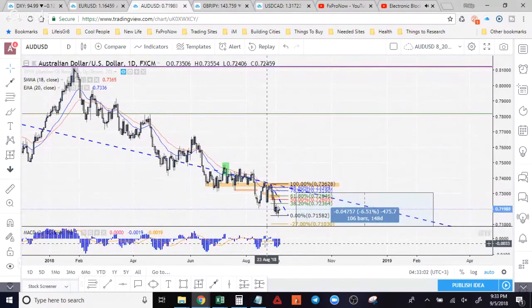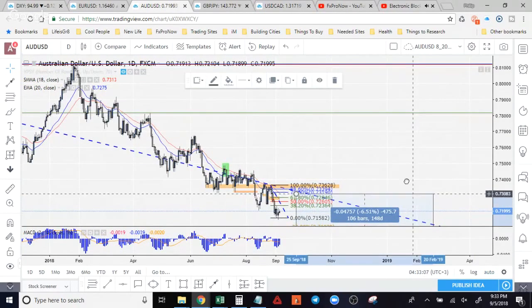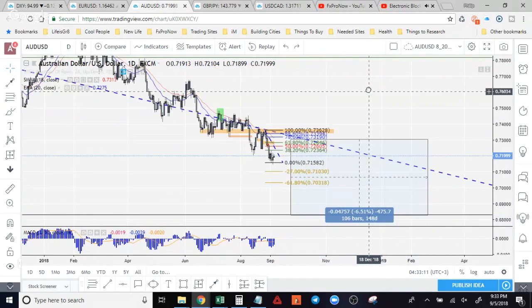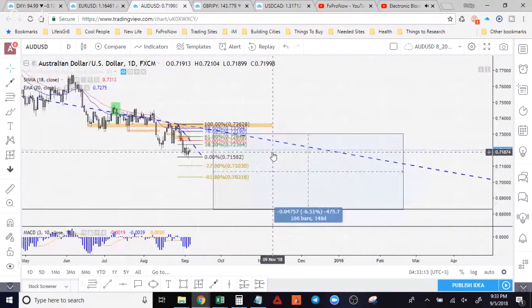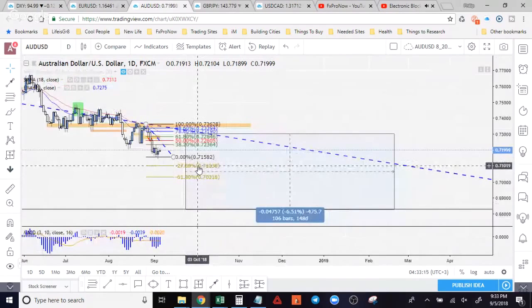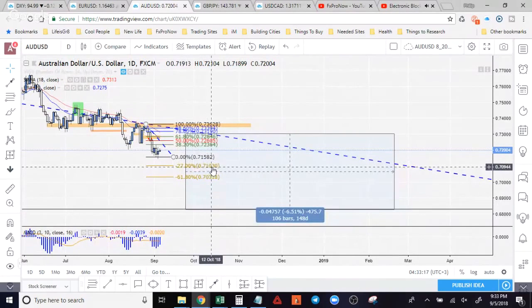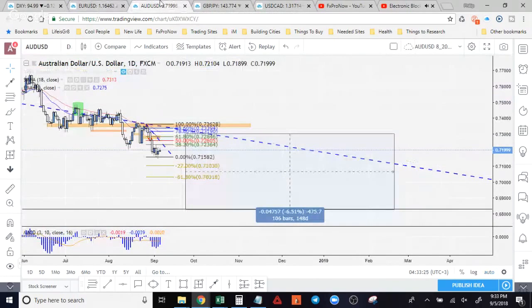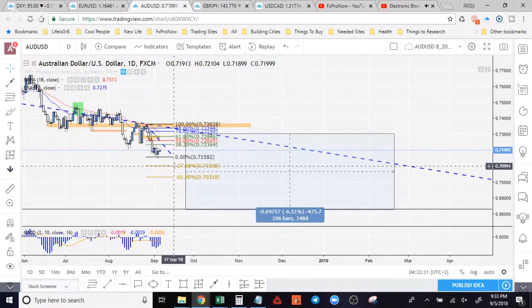Mind you, I don't even look at this indicator, but I see price getting to at least this 0.71 area right here. And for EURUSD, my overall is 1.12 still. But for this one right here, 38.2 to negative 27% would be where I'm looking for price to get to.